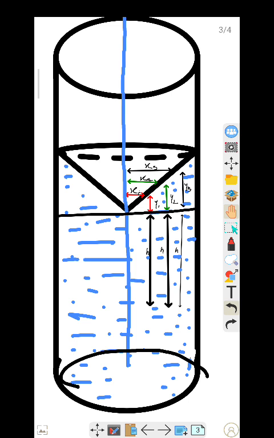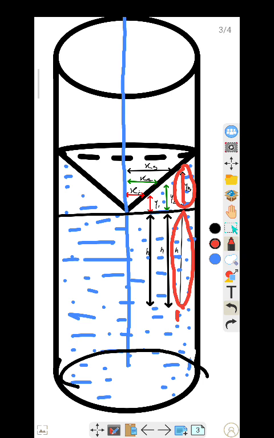So now, what will be the pressure at point 1? If we see, the pressure at point 1 will be rho g h for this column of liquid, and additionally rho g y3, right, because this much height is above the h.